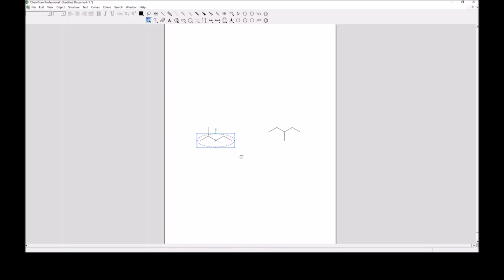And then there's a parent chain right here as well. This divides your compound up into 2 types of carbons: carbons that are found in the parent chain and carbons that are branches coming off of the parent chain. These carbons out here are called substituents. So this is a 5-carbon parent chain with 1 substituent. This is also a 5-carbon parent chain with 1 substituent.